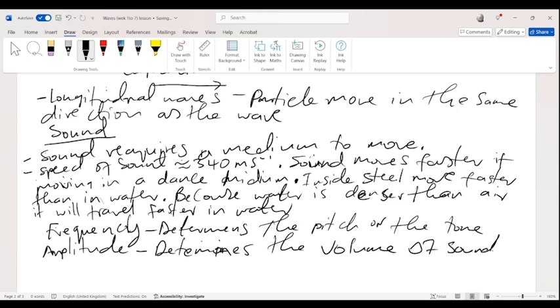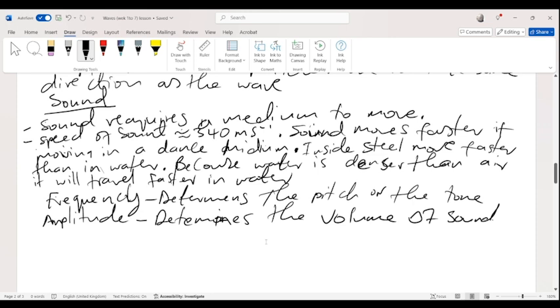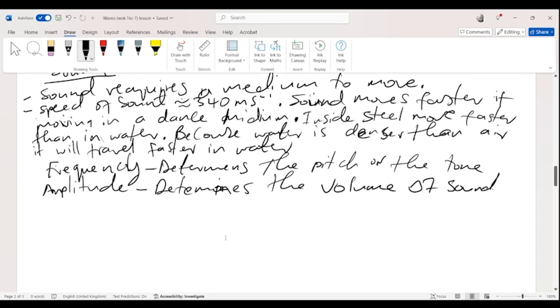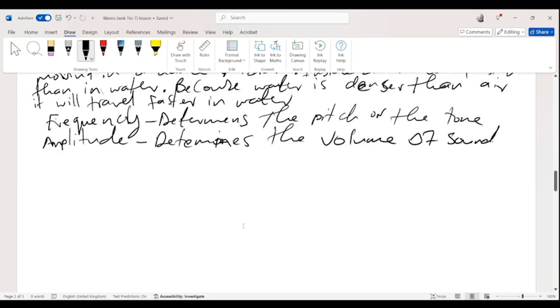So if the frequency of the sound increases, it means your sound will change from bass to a softer tone. For those who participate in music, what we know is that it will change from bass to soprano.